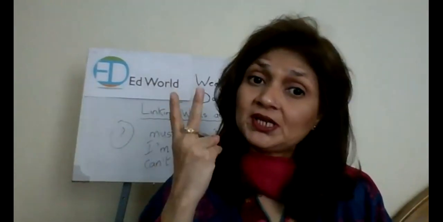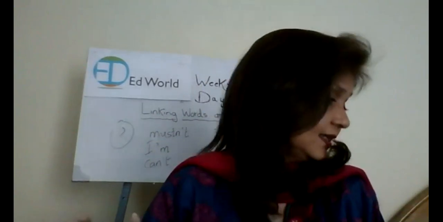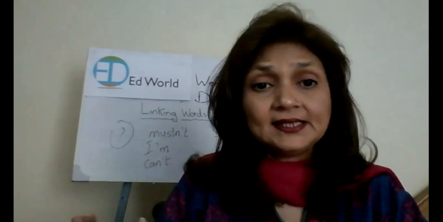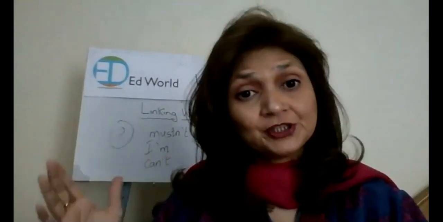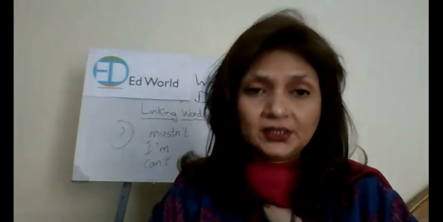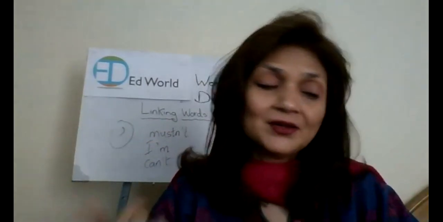There were two tasks. First was the linking words. And what are linking words? Linking words link the sentences in the story, and they help to sequence the story. They put something in order, in sequence. Those are the linking words. And what are contractions?